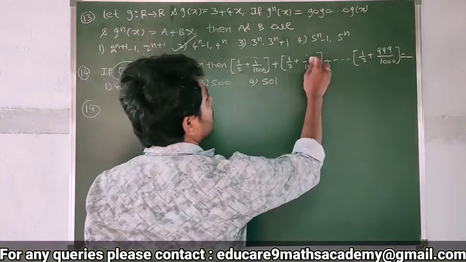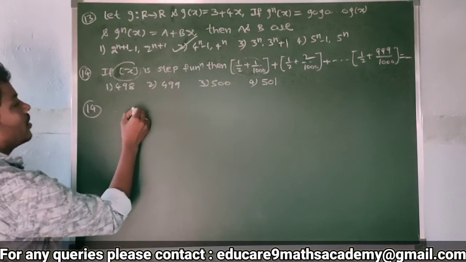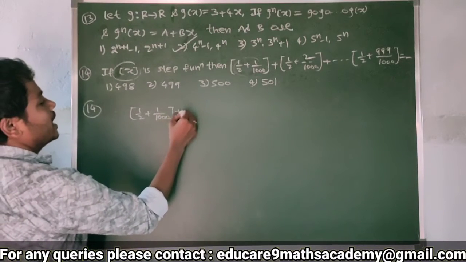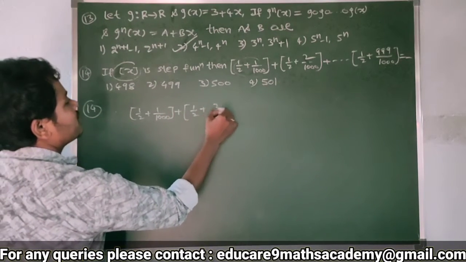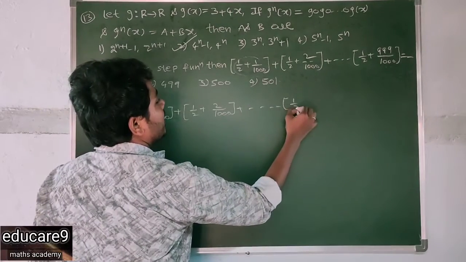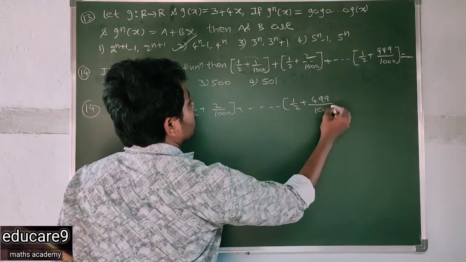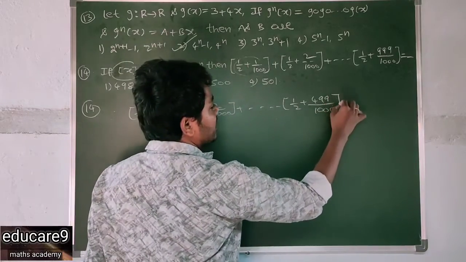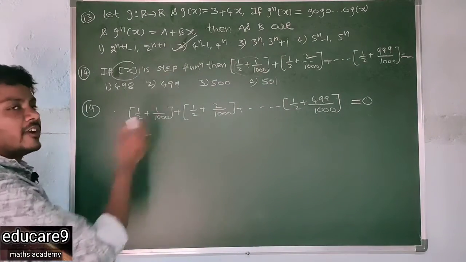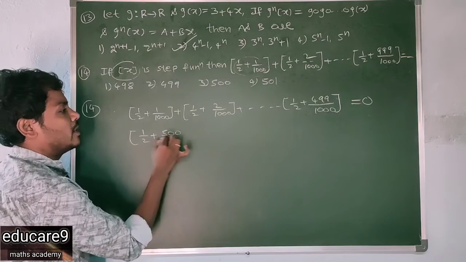Now therefore 1 by 2 plus 1 by 1000 plus 1 by 2 plus 2 by 1000 and so on, 1 by 2 plus 499 by 1000. So this value is 0. Now next, what is the next value? 1 by 2 plus 500 by 1000.